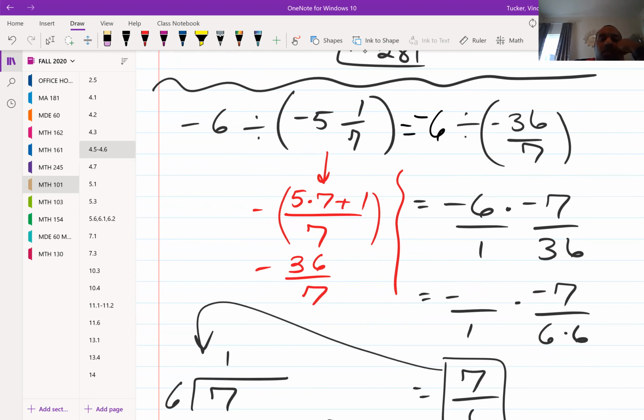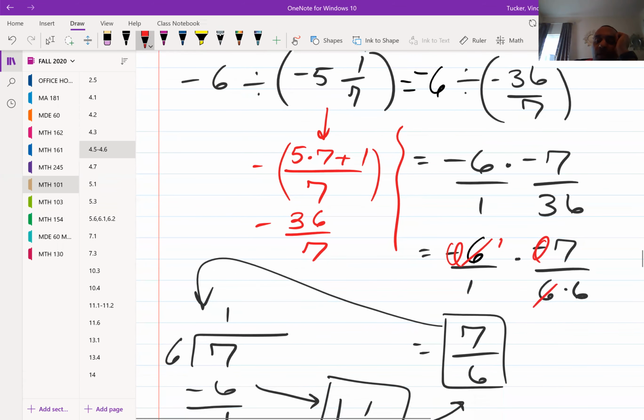So we have negative 6 over 1 times negative 7 over 36, and I broke up the 36 into 6 times 6. So one of those 6's will cancel. And also a negative times a negative turns positive, so they cancel as well.